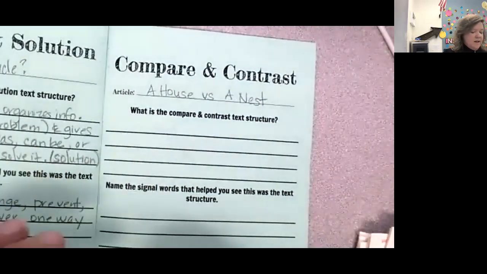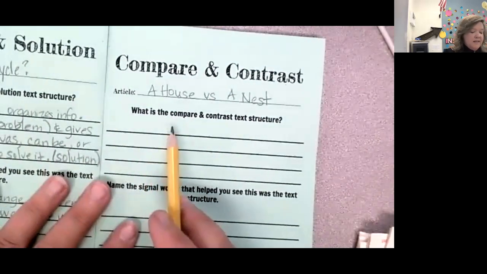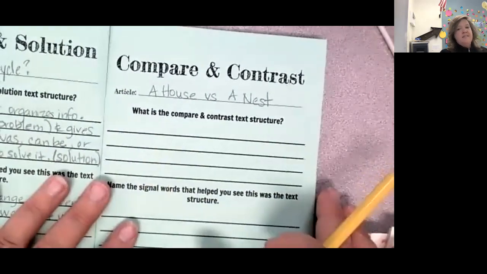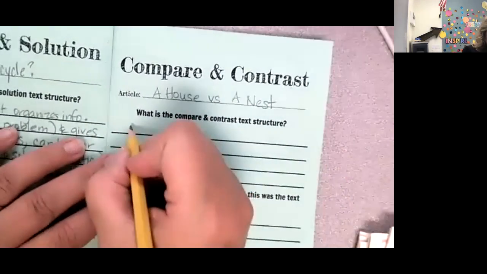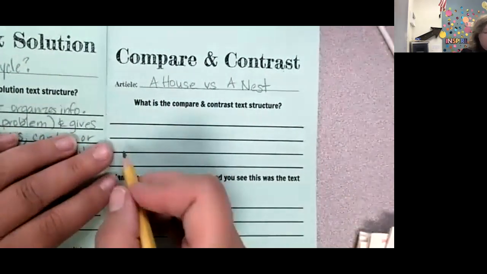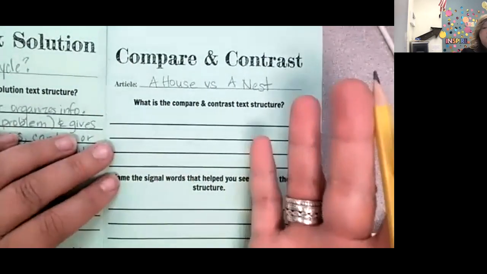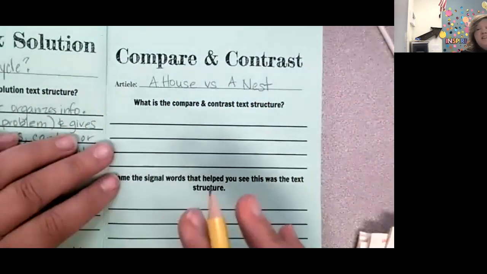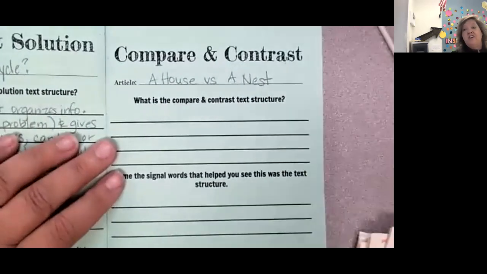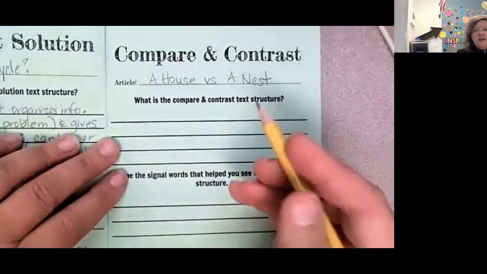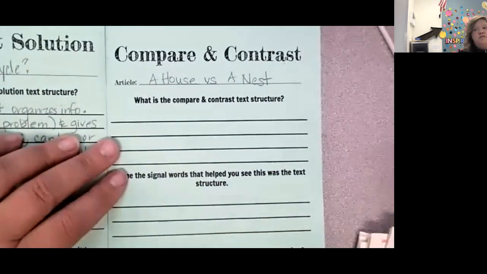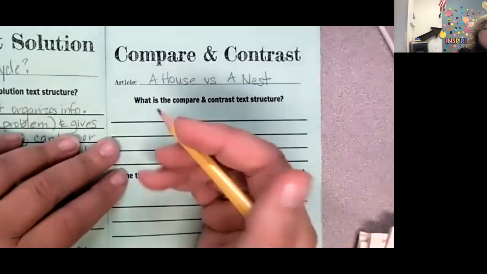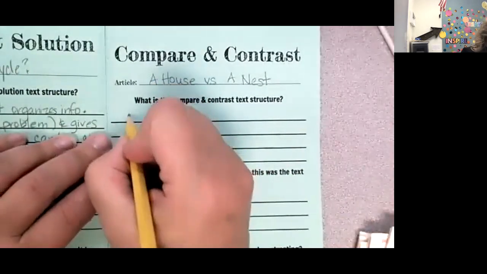So first, let's talk about what is the compare and contrast text structure. I'll write on my sheet and you write along with me. This type of text structure is really about helping us find the things that are the same and the things that are different about either an object, a person, a place, an event. Okay, so I'm going to write that down.